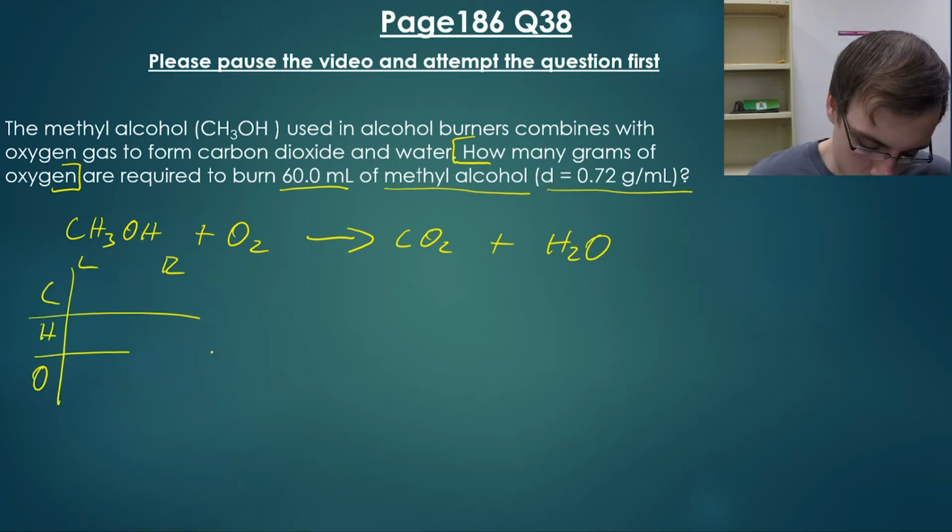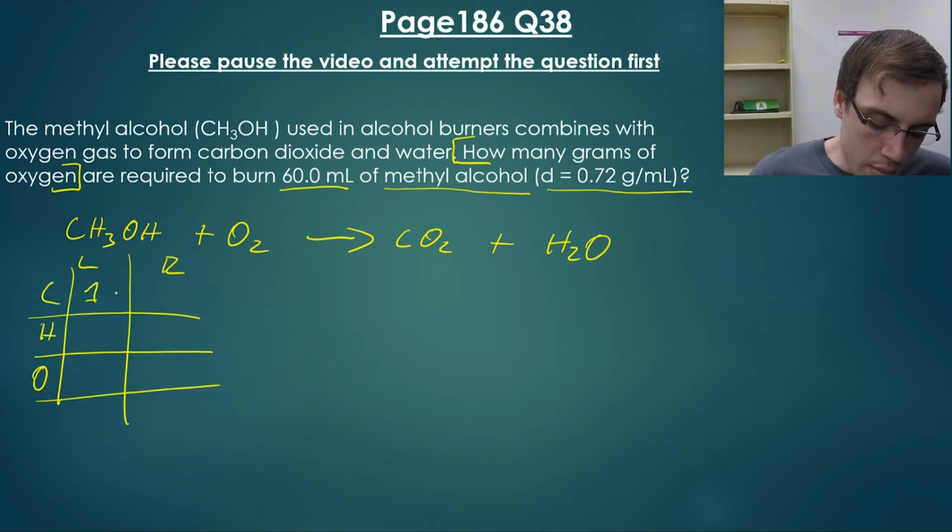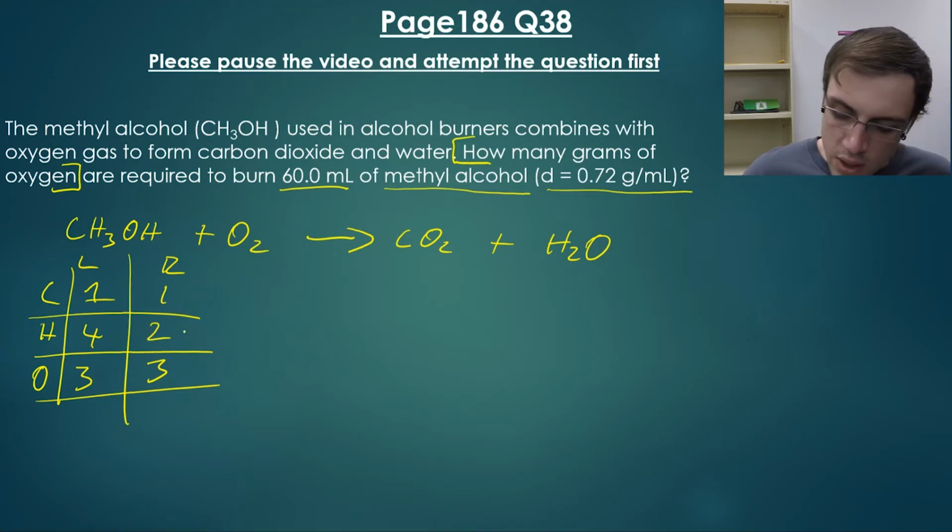So remember, we've got to always check our equations, and that means we now need to balance this. So we have 1 carbon on the left, 4 hydrogens, and 3 oxygens. And on the right-hand side, we have 1 carbon, 3 oxygens, 2 hydrogens. So this one doesn't seem too bad. So we need to just balance up our hydrogens here.